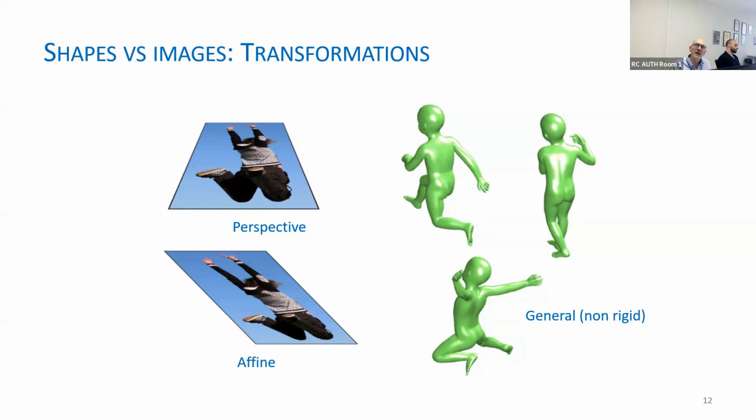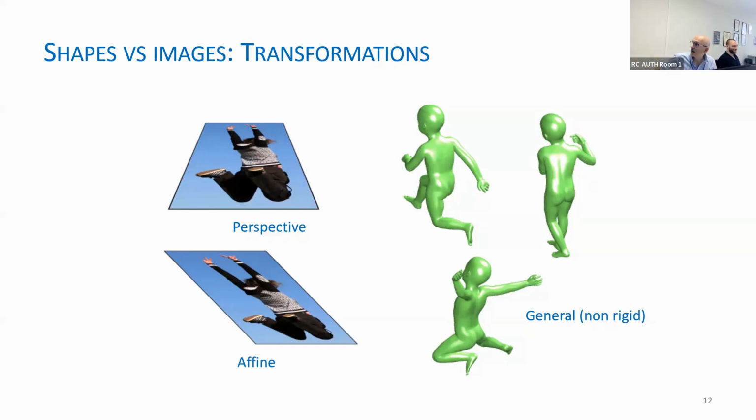For example, you still remain on a plane, but in the perspective case, lines that were parallel in the original domain are no more parallel. In the case of the affine transformation, instead, you preserve the parallelism between the parallel lines in the original domain. These are well-defined transformations that we can represent by matrices, because at the end they are a linear transformation. So it is something that we can represent by a 3x3 matrix.